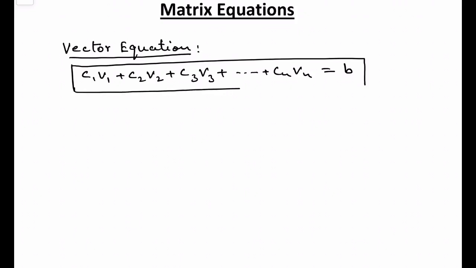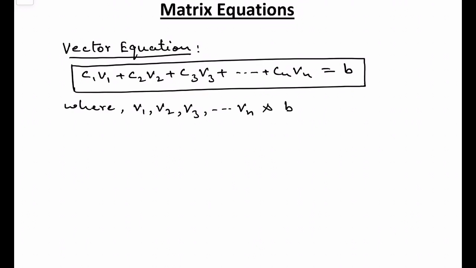Or we can say that it is a linear combination of v1, v2, v3 up to vn is equal to b, where v1, v2, v3 up to vn and b are vectors, and c1, c2, c3 up to cn are some unknown scalars.